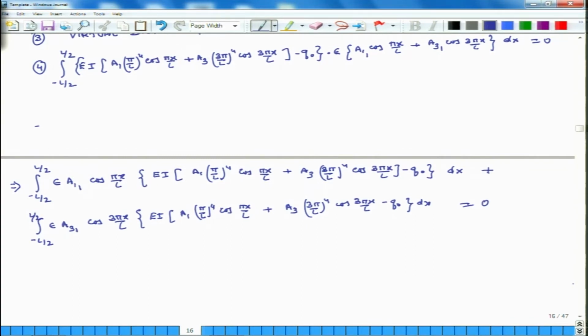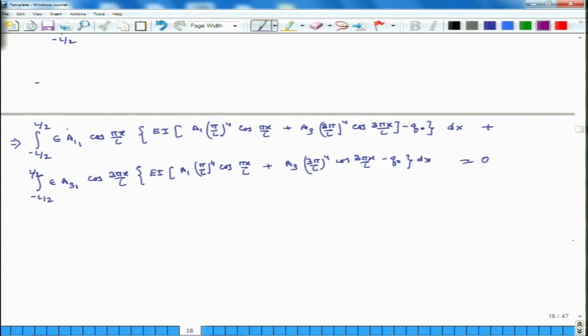So, I have just reorganized whatever was there in the integral into two separate integrals, that is all I have done. Now, I will move this integral sign. I will take the epsilon A11 out like this, and do the same thing to the second integral, because A31 and A11 are constants.